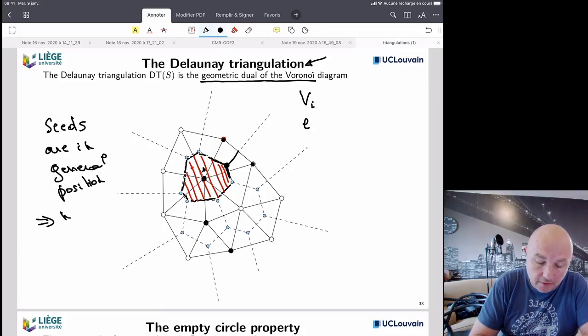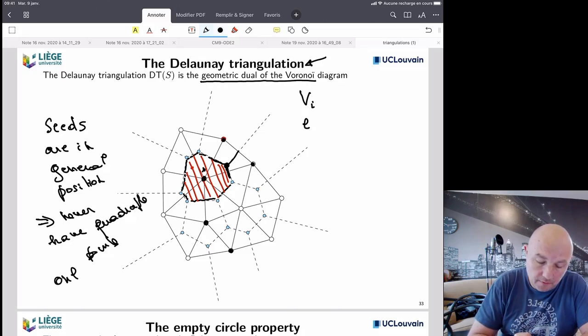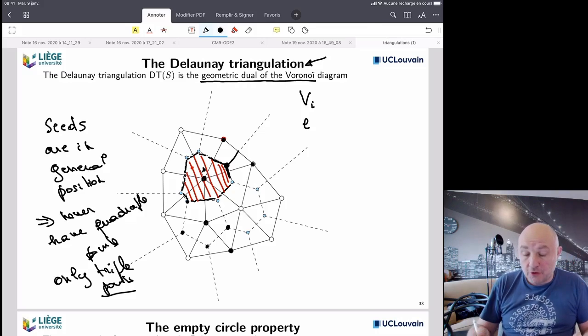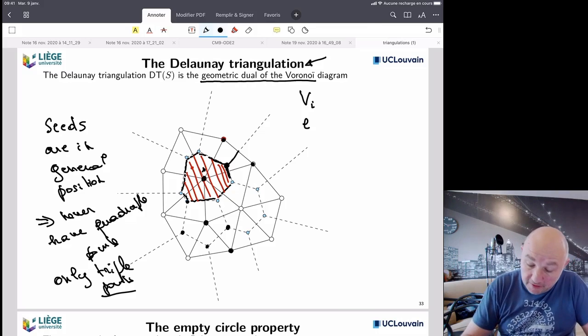So you never have quadruple points. Only triple points. Okay, those triple points you see there, and there. The triple points again correspond to a triangle.